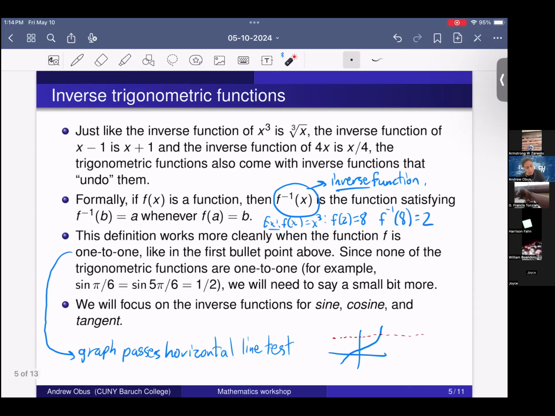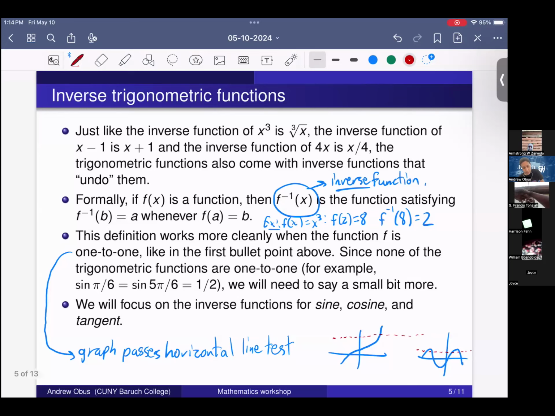And what we see in terms of the graph of sine here is that this graph of sine does not pass the horizontal line test, right? If I do the graph of sine, it looks kind of like this. And if I draw some horizontal line over here, it's going to pass through the graph at many points.